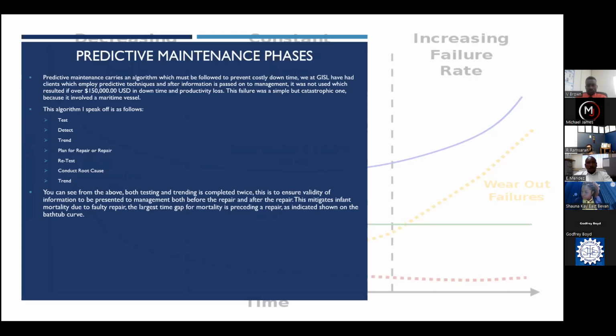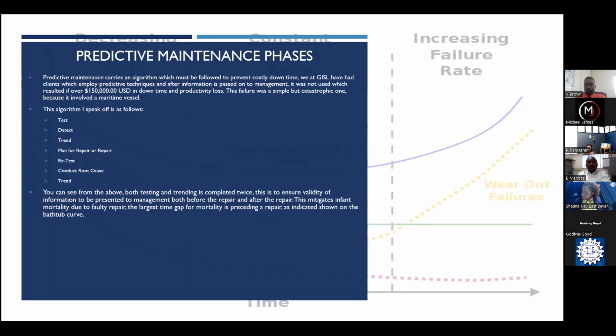A simple problem could cause a catastrophic failure, and this was actually in the maritime field. So the algorithm that we utilize and encourage is to test, detect, trend, plan for a repair or conduct a repair based on what the data is saying, retest, conduct a root cause analysis, and then trend it again.